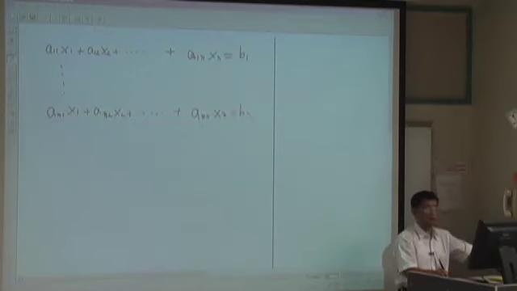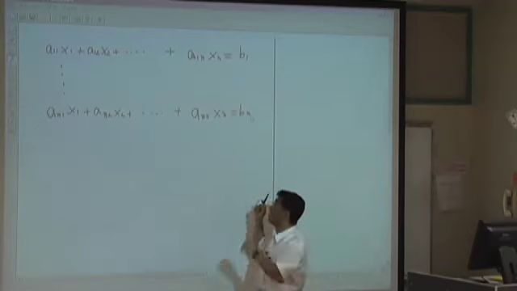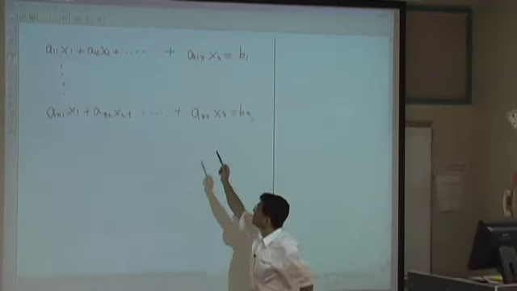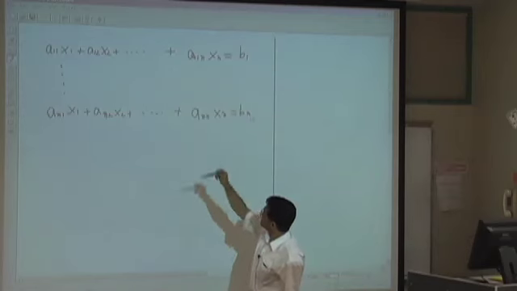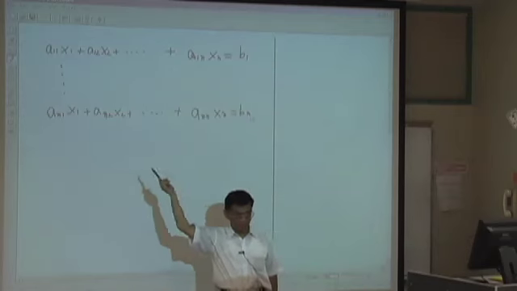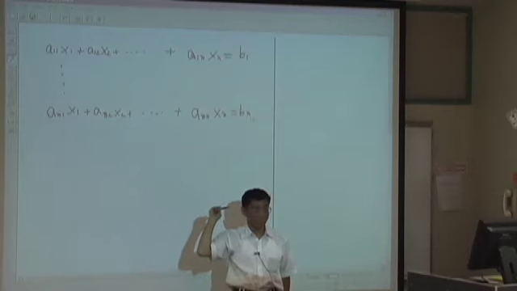So we want to solve a system like this, but the difficulty is not the idea itself, but the size of the system. We may have, for instance, 1,000 unknowns, 1,000 equations.